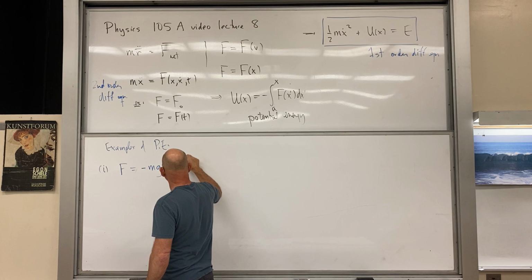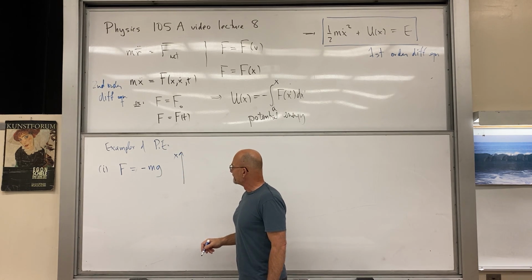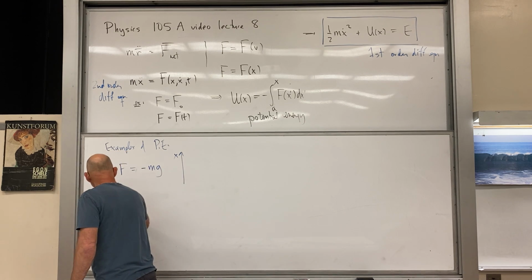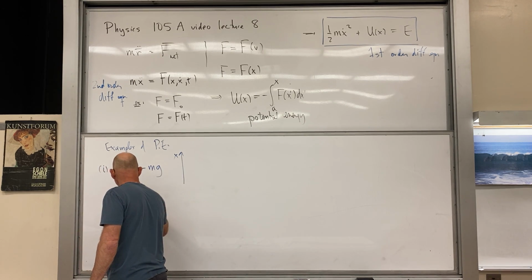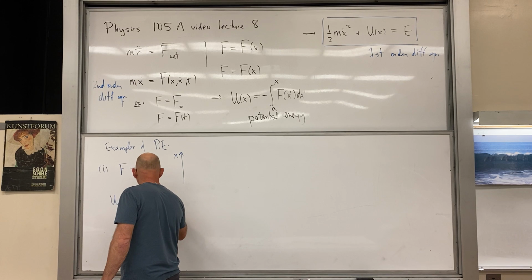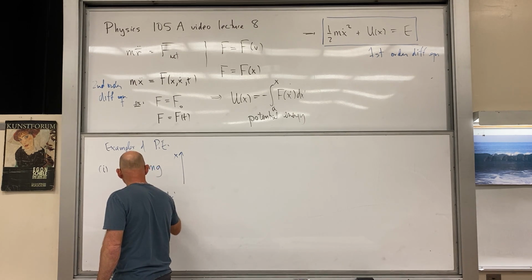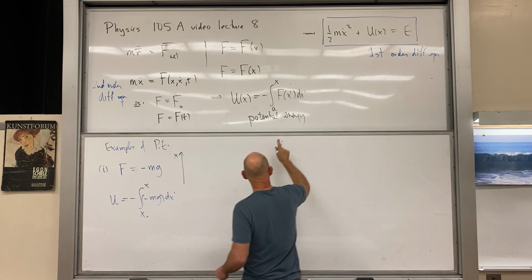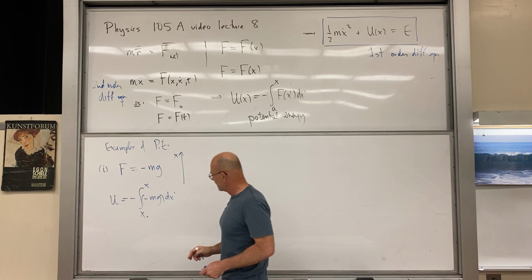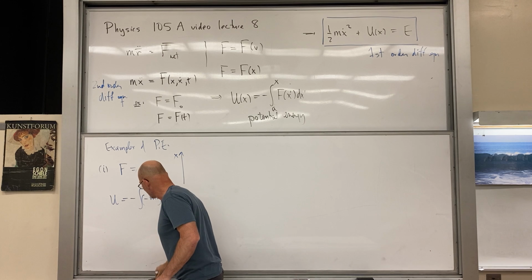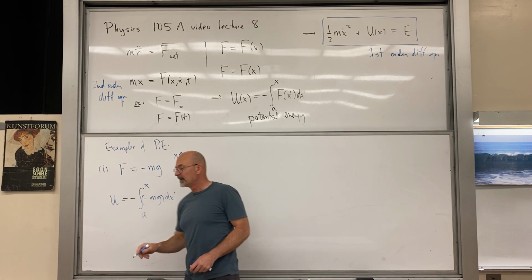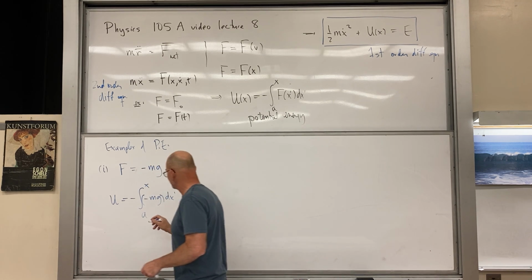And we've got, say, an x-axis here. And if we want to get the potential energy, minus negative mg dx prime from x0 to x, or from a to x, whatever you want. Let's keep it like this, a to x. And what do we get?